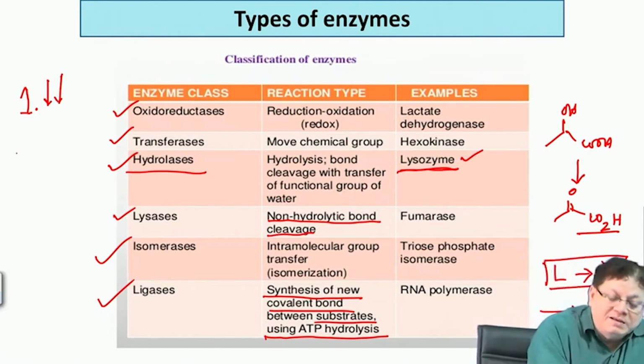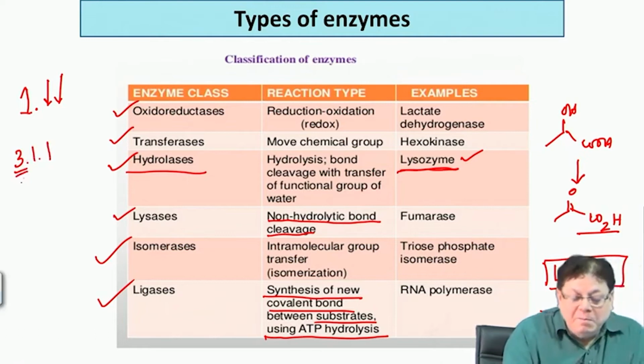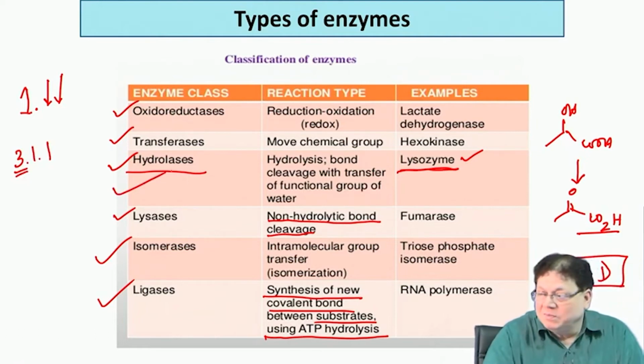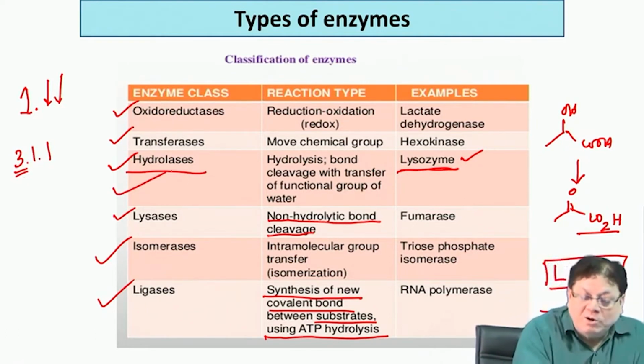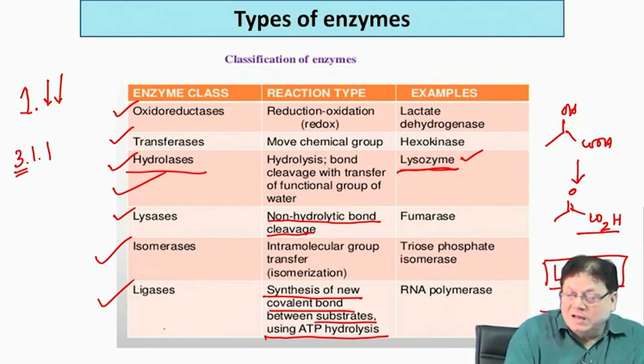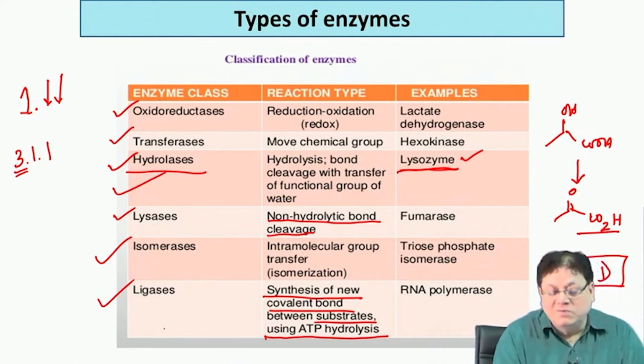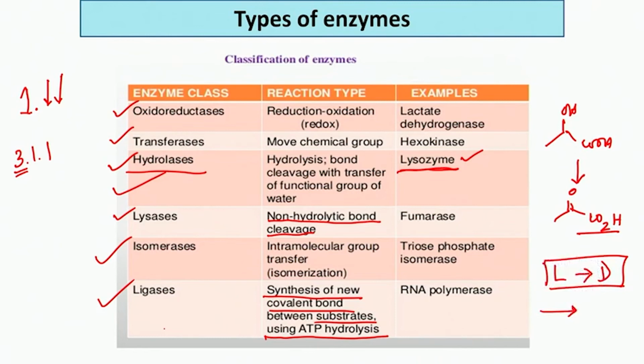Say if I say 3.1.1, the number 3 means that it belongs to hydrolase. Okay. So, you cannot change the order that is written here. That is very important. So, if something is said to be 6.1.2, that means it is a ligase. Okay.